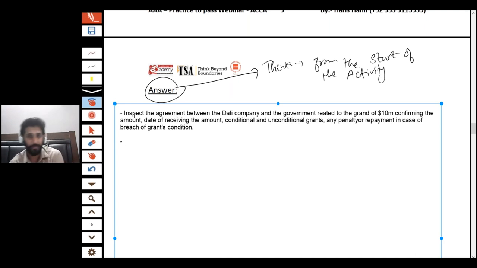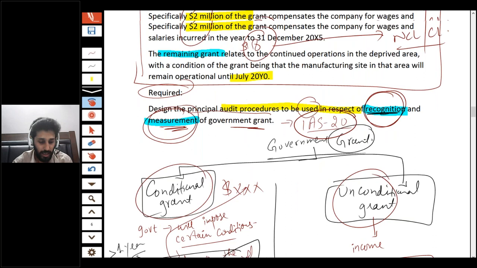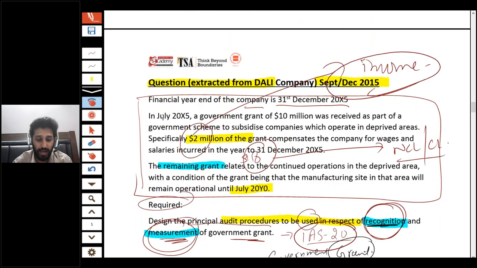Now moving next. What happened next? When the government had signed an agreement with me, the government on the next day, now see, what was the information? The information that in 1st July, government grant was received. So obviously you will be inspecting the bank statement of July 20x5.